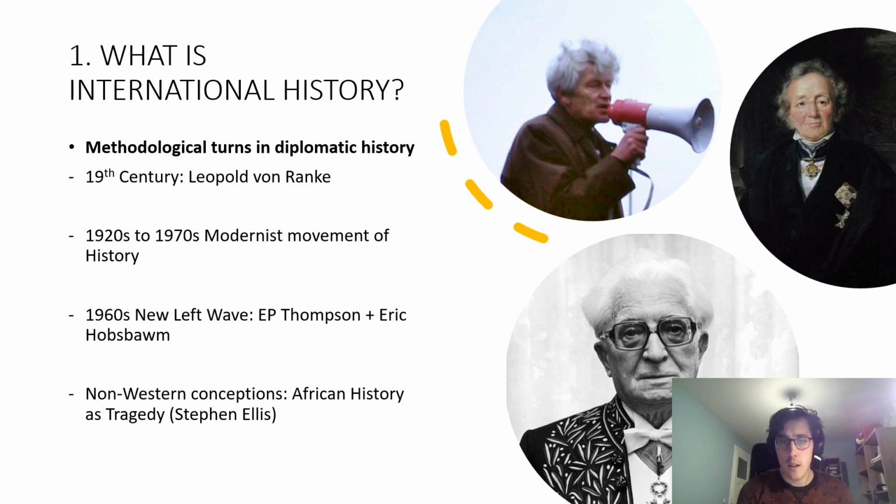Leopold von Ranke, the hero of every historian, of course, the man who made the argument that historians almost needed to be encyclopedic in their approach, had to reproduce the past as it was.